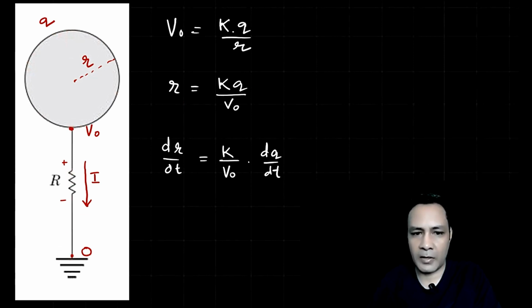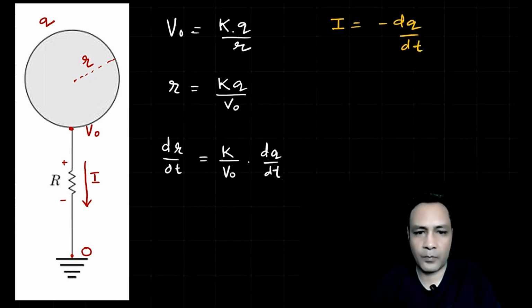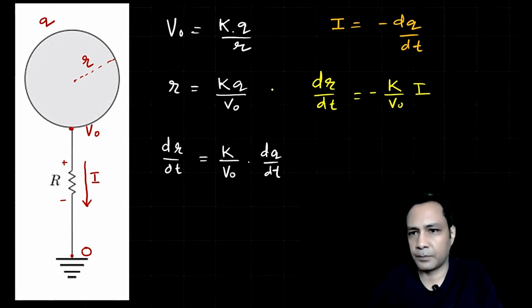So there is a current. I can write current in the resistor as I is equal to minus dq by dt, because charge is decreasing. So dr by dt is equal to K by V0 into dq by dt, which is minus I. And this equation I'll use in the second part.